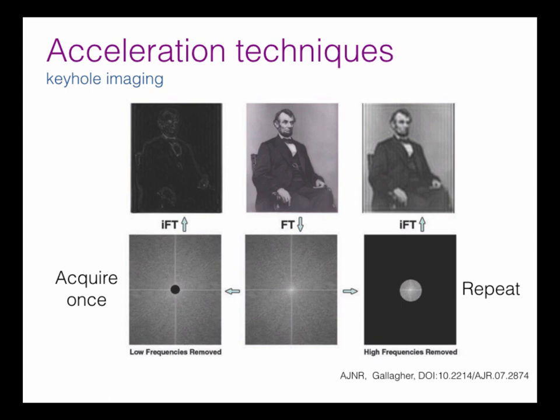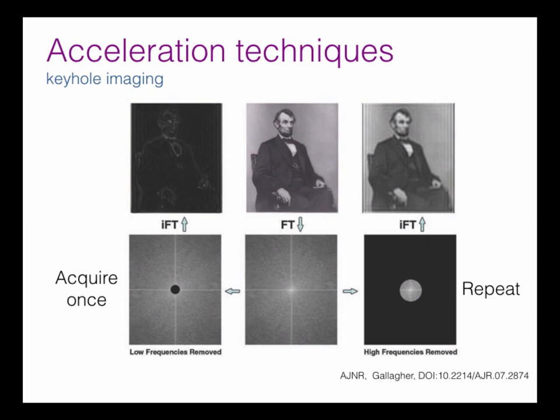One of the earliest acquisition techniques, for when gradients couldn't operate very quickly, was simply keyhole imaging. Much of the image contrast is in the center of K-space. So people would acquire a band in the middle of the data set over and over again.